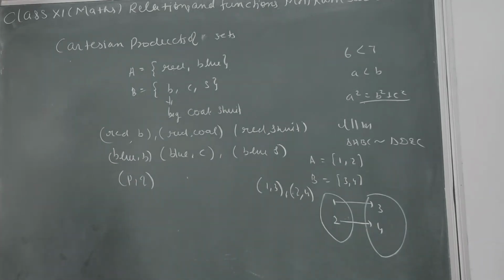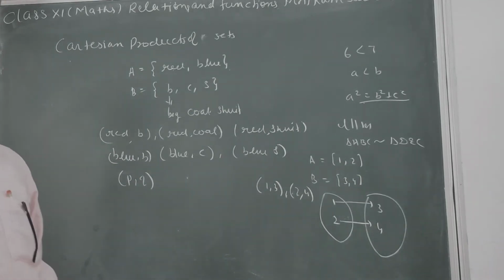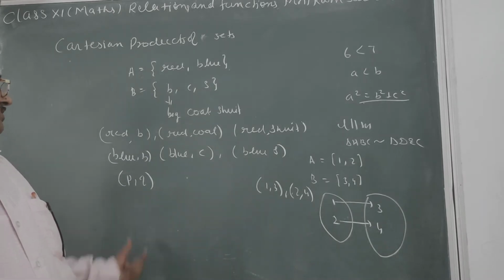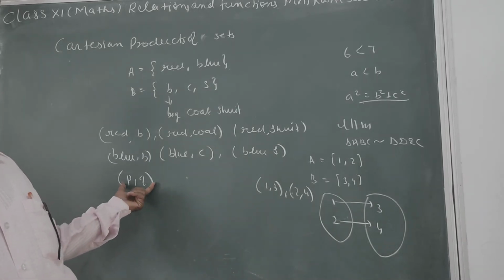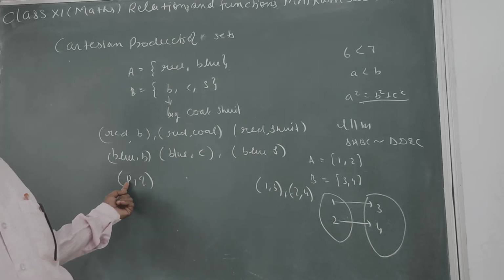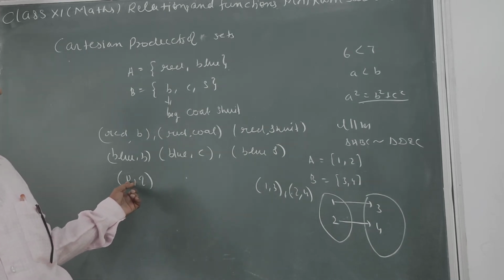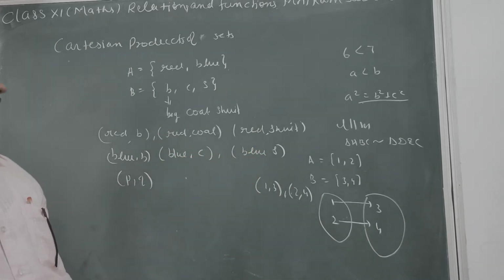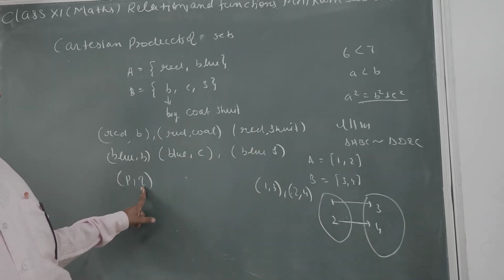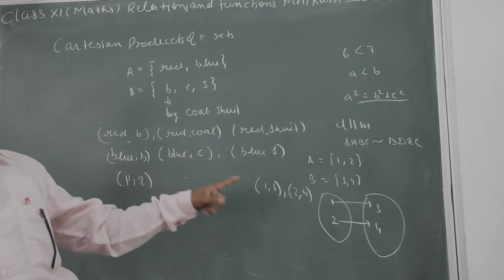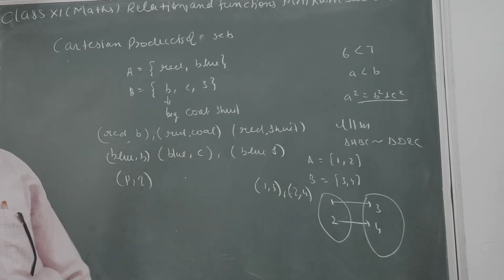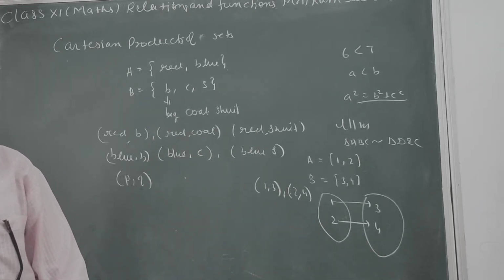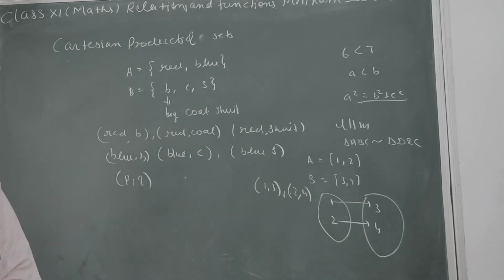So it is understandable in general that when we represent the ordered pair in this way, the first element is the member of the first set A and the second element is the member of the second set. So we can solve this and give the definition for the Cartesian product.